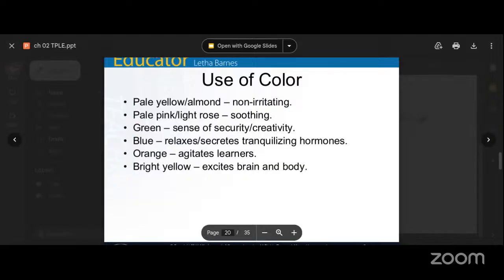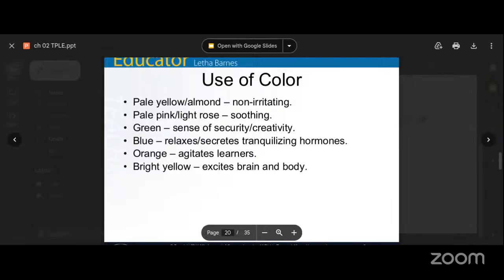Also nature. And then you have pale pink like rose, very soothing, and pale yellow almond, non-irritating. So you have colors that have a psychology background. Based on how you want your class to feel, you can use those colors in the classroom.